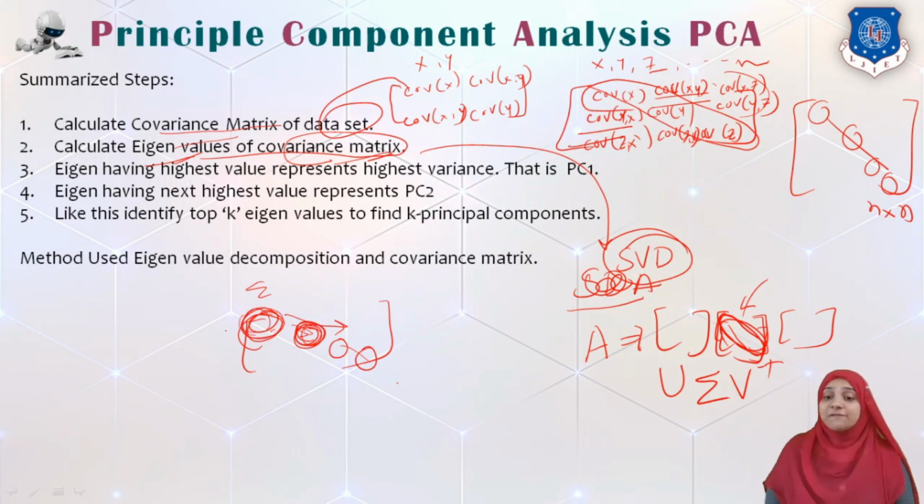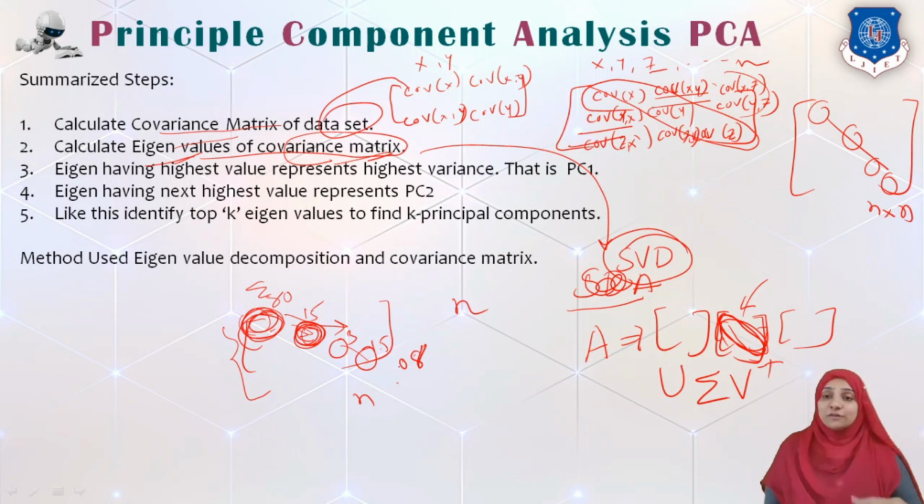You need to identify how many principal components you need to represent your data with. Say for example, your data has n dimensions and this particular matrix also has n dimensions. But not all values are very big. Say for example, here 80% of the data is there, here 15%, here 3%, 1.5%, 0.8%.